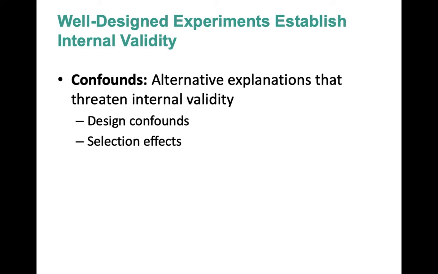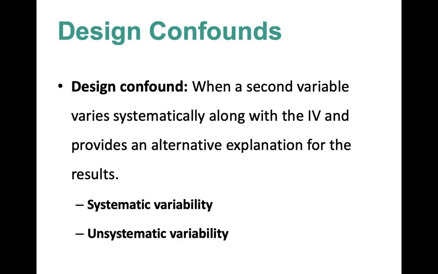Okay. So let's talk about two different types of confounds, design confounds and selection confounds. There's a design confound when a second variable varies systematically along with the IV and therefore provides an alternative explanation for the results. So I gave you an example with the pasta study.